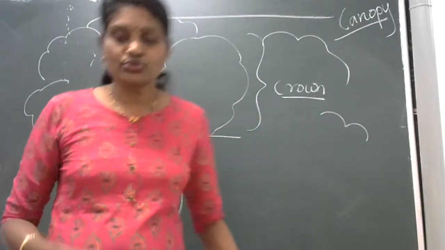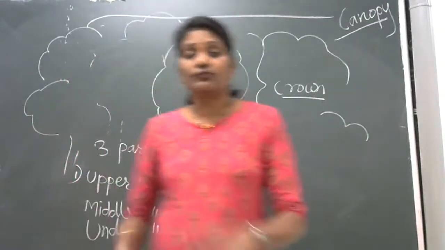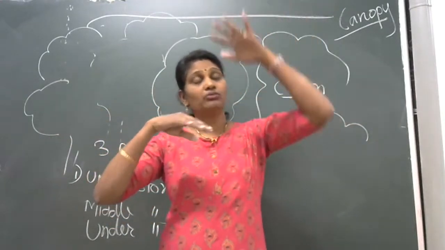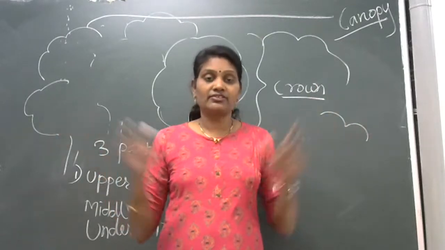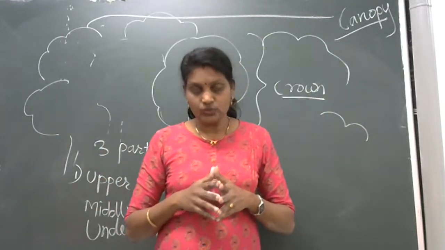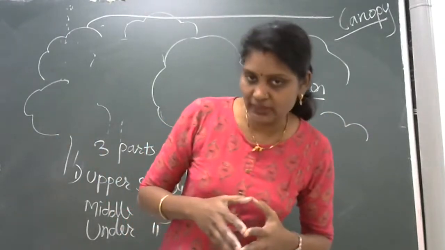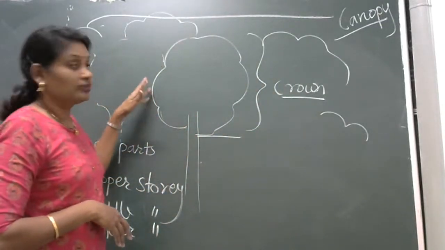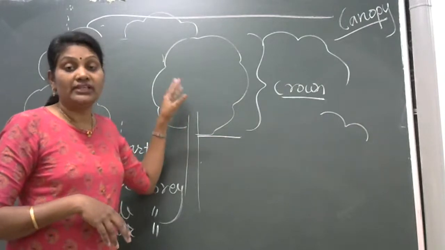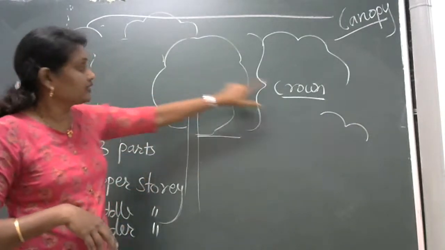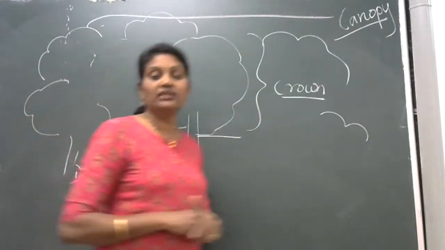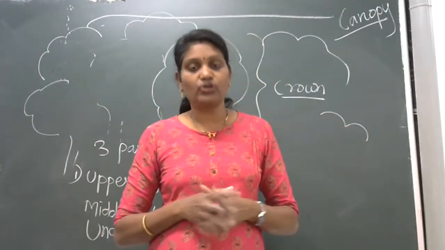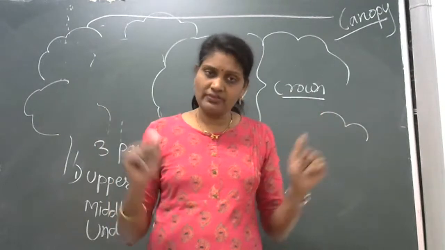Okay, so students, when we see the overview of the forest from above, that green color covering is called the canopy. What is it called? Canopy. And the branches and the green leaves of the trees come under the crown. Now the crown is divided into many parts, because some trees are very big, some are very small.